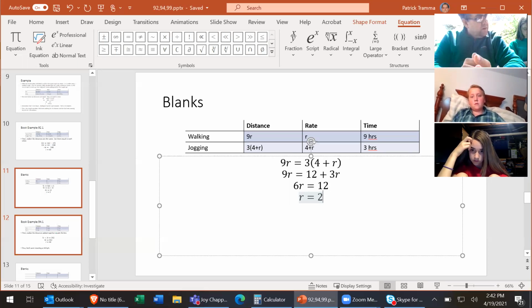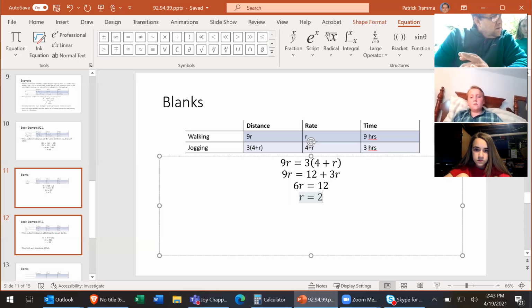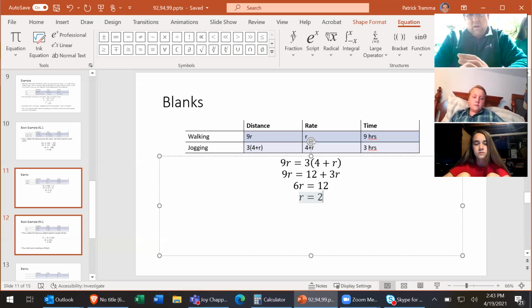Okay, so R equals 2. How far is it to the oasis? So it's asking distance. You just plug 2 back into one of the original equations. It's 18. How far did they jog?